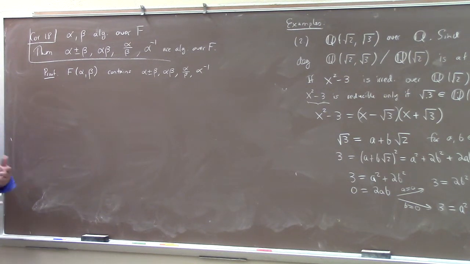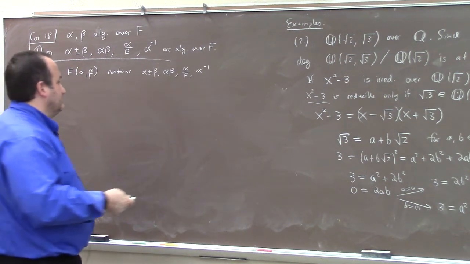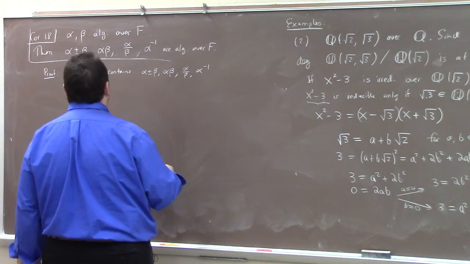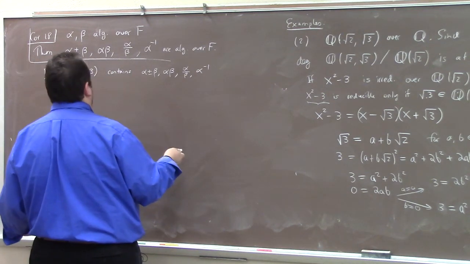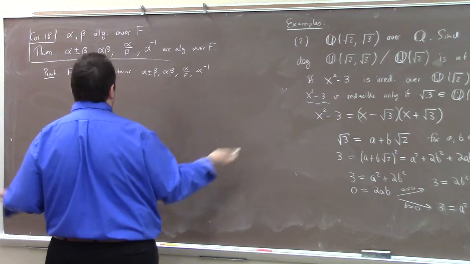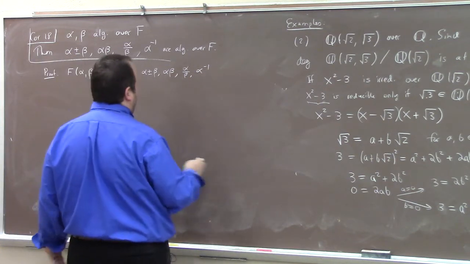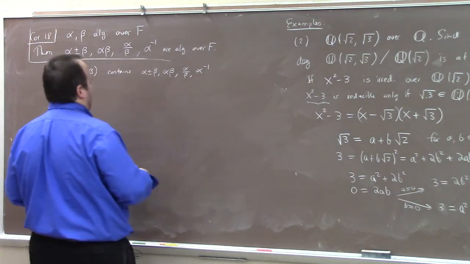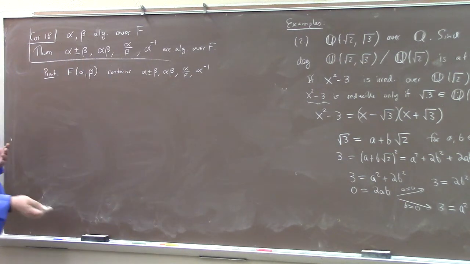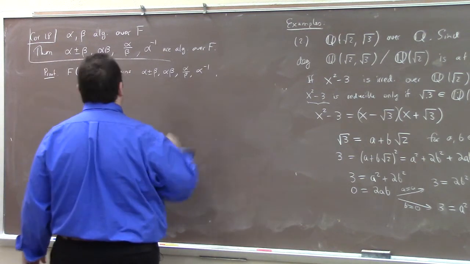Therefore, all of these elements are also algebraic. Does it not need beta inverse? Well, alpha is an arbitrary thing, so technically you could just leave it like alpha over beta and say alpha equal to 1. Anyway, the point is the sum, difference, product, fractions, or even just reciprocals of elements you're extending by are necessarily algebraic if the elements themselves are algebraic over F. So it's good to know.